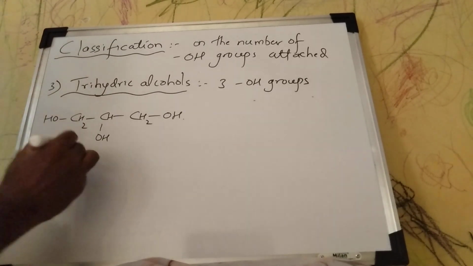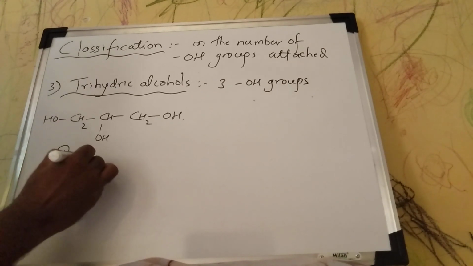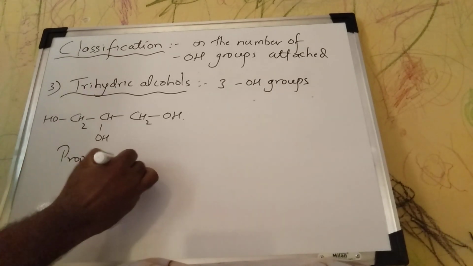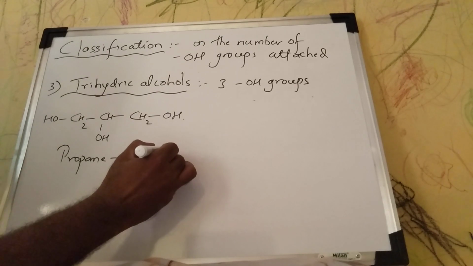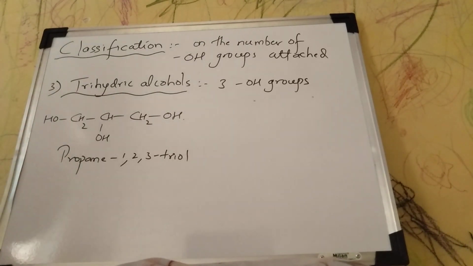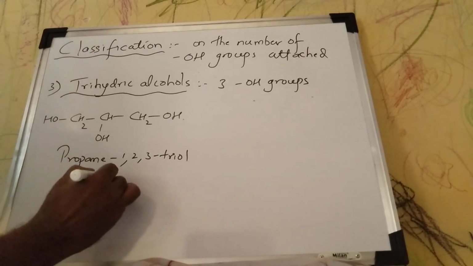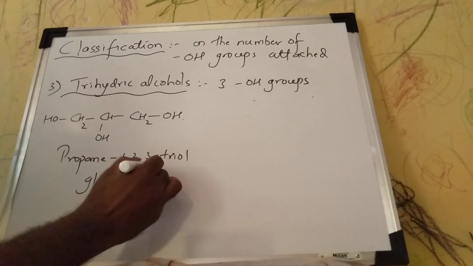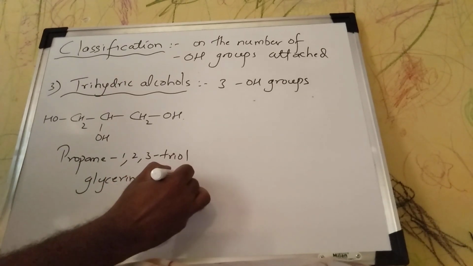This is propane-1,2,3-triol. The common name for this has also been termed as glycerine or glycerol.